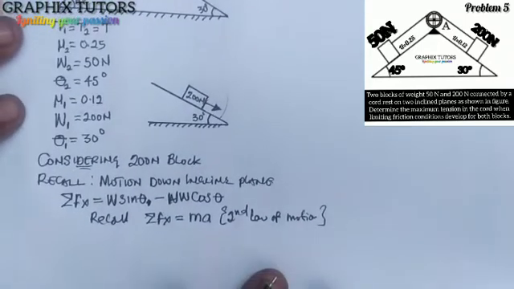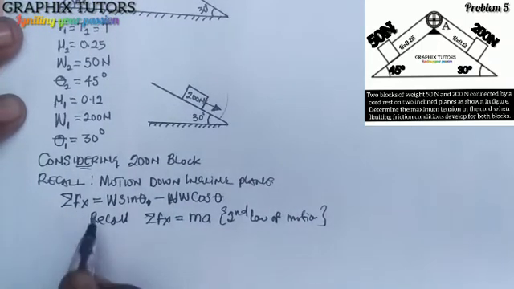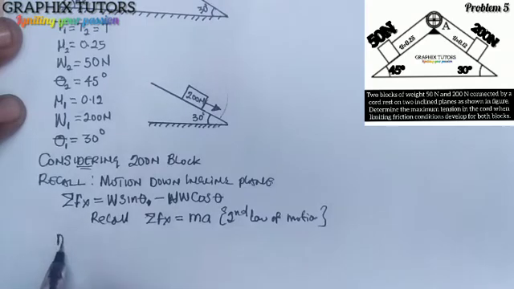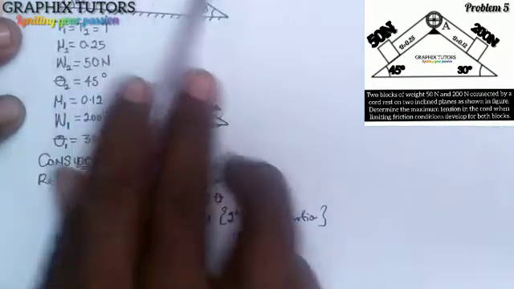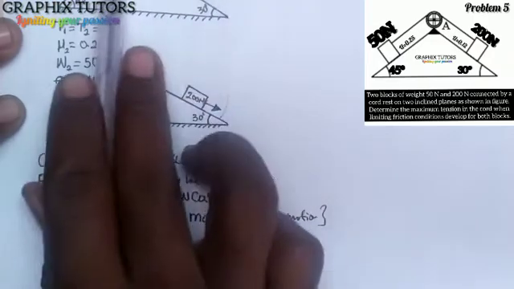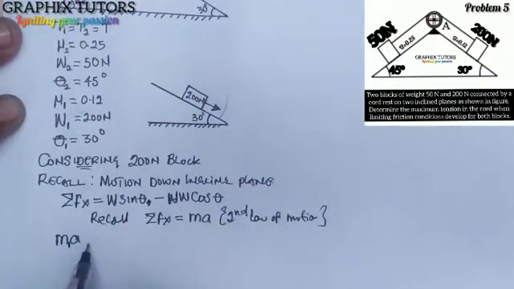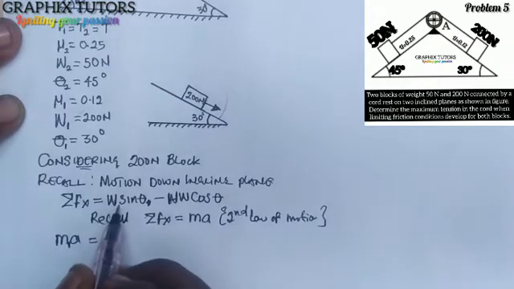So move forward. Anywhere I see summation F_x, I'm going to put ma. But I'll not put ma, I'll put m1a, because everything involving this is for 1, the subscript is 1, and here it is 2.